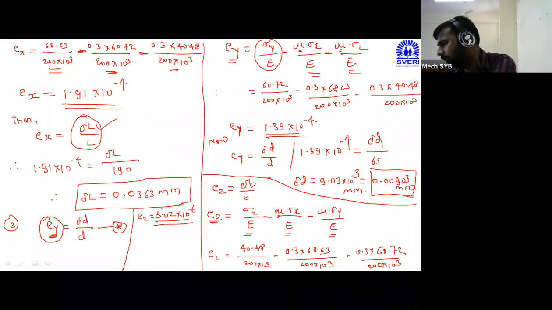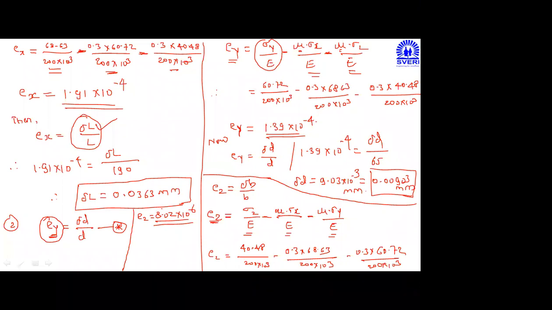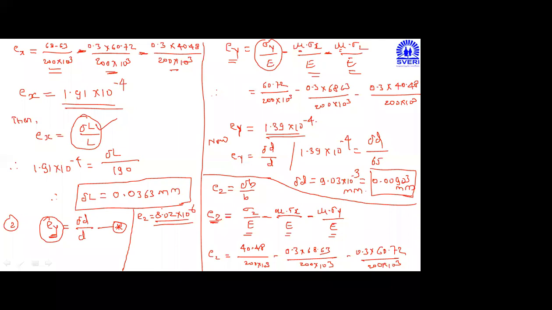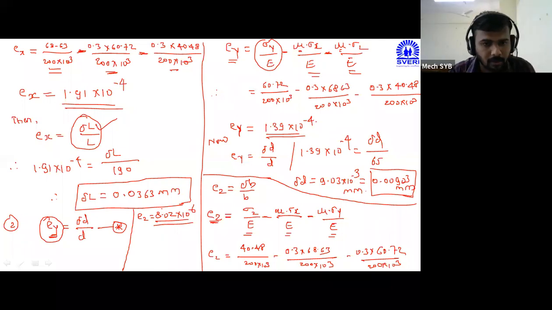The answer is somewhat different. Let me check epsilon z. 8.37, 8.02 into 10 raised to, it should be 8 point something. Yes, 8.37, 8.02. Then in another answer, 9.108 into 10 raised to minus 3.